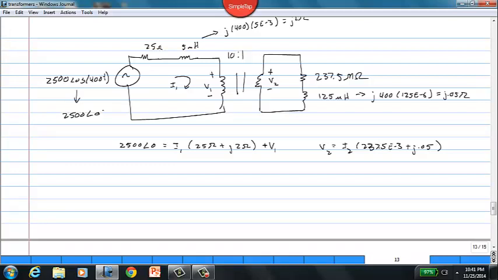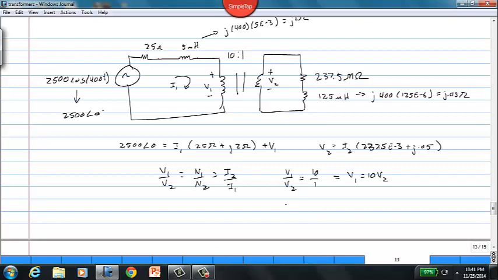How do we solve these? Well, we have one more piece of information, and that is V1 over V2 is equal to N1 over N2 is equal to I2 over I1. So let's use the first half of this first. We find out that V1 over V2 is equal to 10 to 1, which tells me V1 is equal to 10 V2.